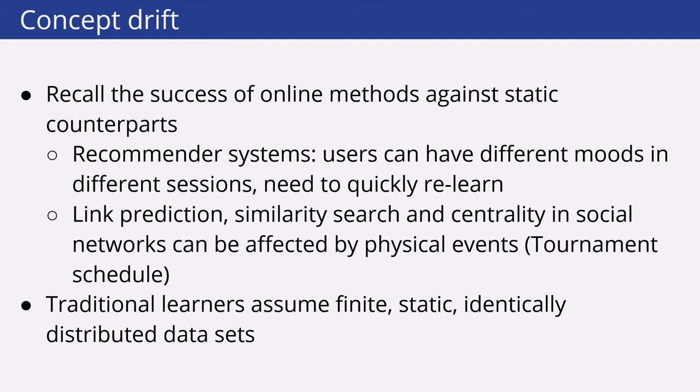And also link prediction, which was the application we showcased the most, used for similarity search and centrality in social networks. These can be affected by events in the physical world, for example a tournament schedule, and traditional learners assume finite, static, identically distributed datasets compared to data stream processing, where we can very quickly adapt to changes.